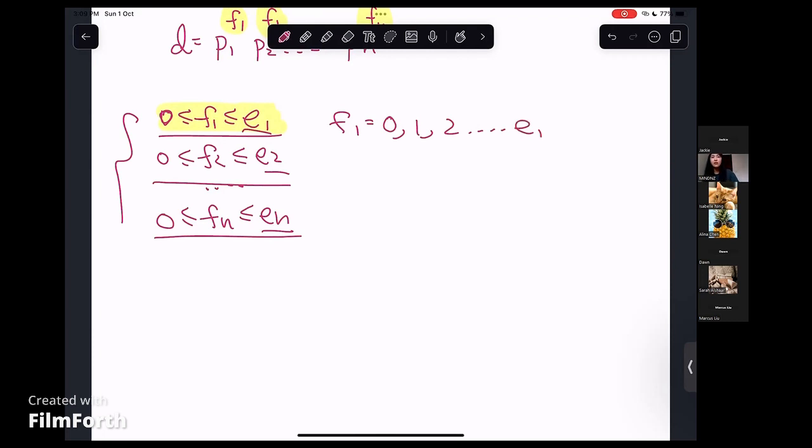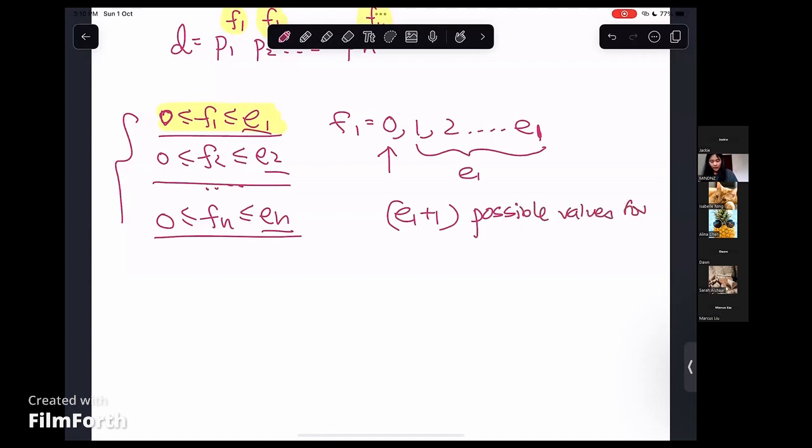And how many are there of these? Well, it's E1 plus 1, right? So here's E1 values, and then we also account for 0. So there's E1 plus 1 possible values for f1.